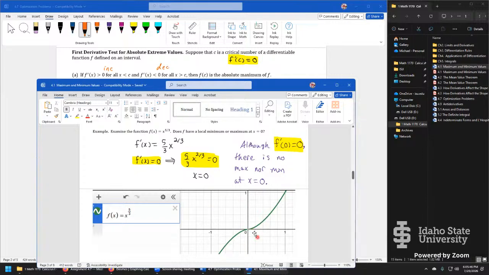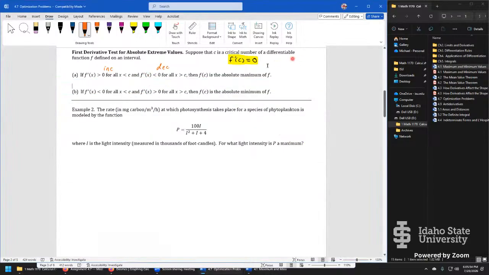So we're trying to eliminate this possibility by carefully analyzing these two conditions relative to where you are at the critical number. The other one just says if it's less than 0, so decreasing, for all x less than the critical number, and bigger than 0, so increasing, for all x bigger than the critical number, then you have an absolute minimum in that case.